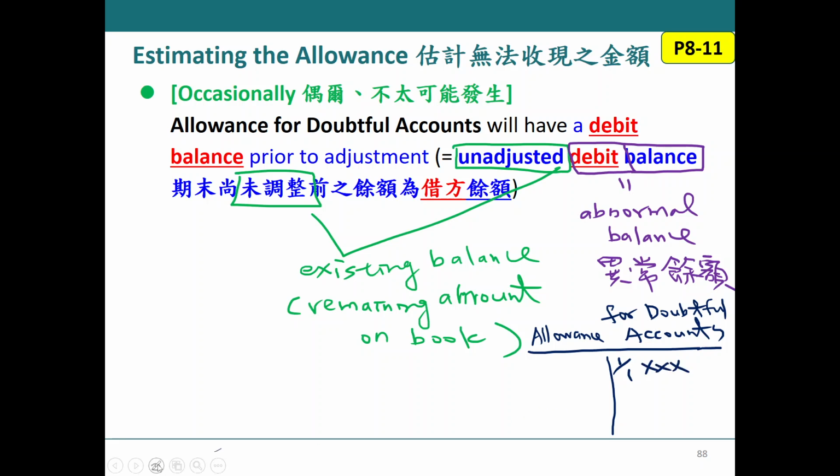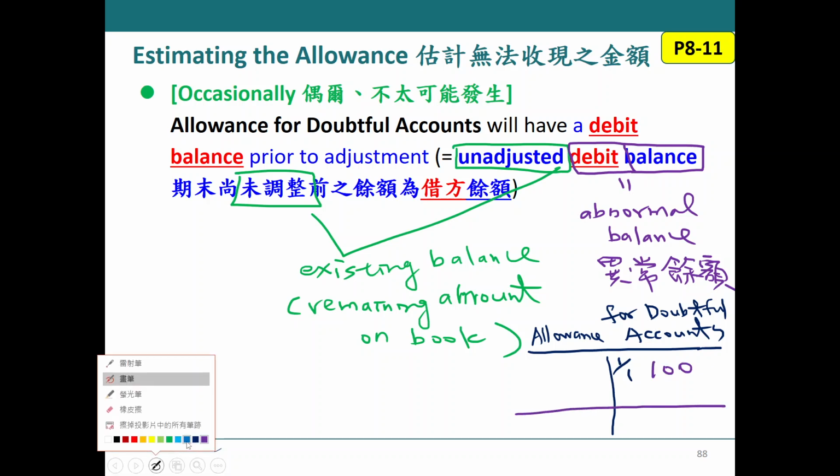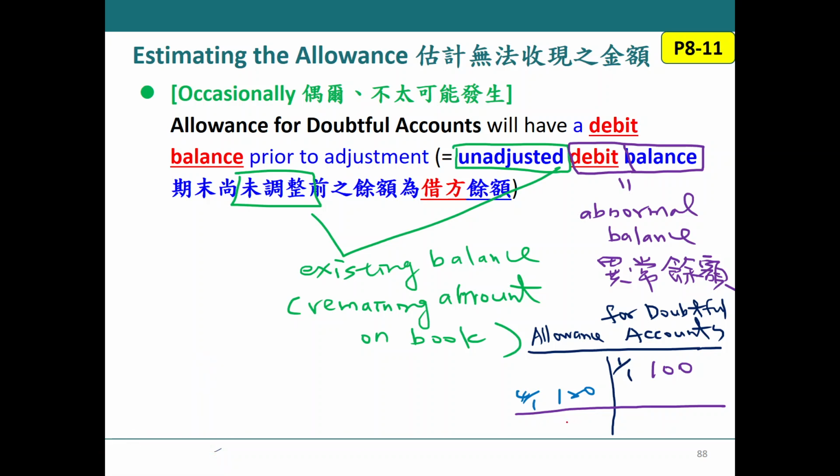I give it a number. I assume the number maybe $100. And this year, maybe on April 1st, I have $120. So in the end, you find out you have a debit balance of $20. So that $20 is your debit balance.